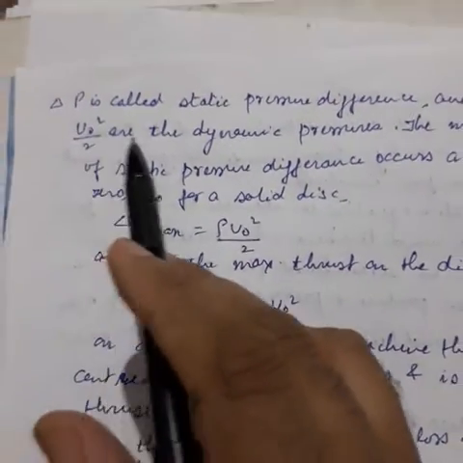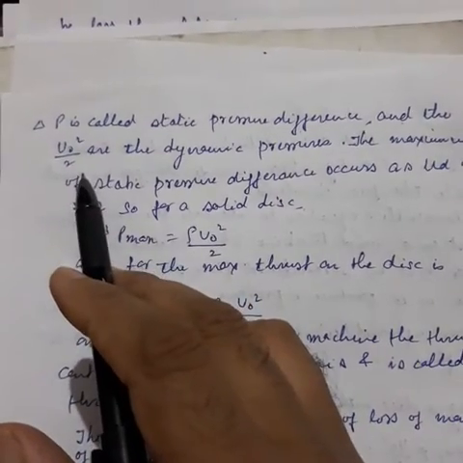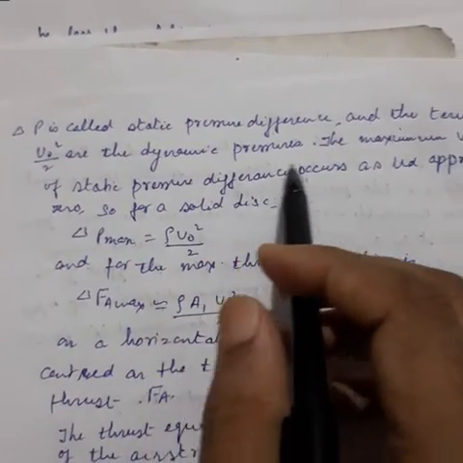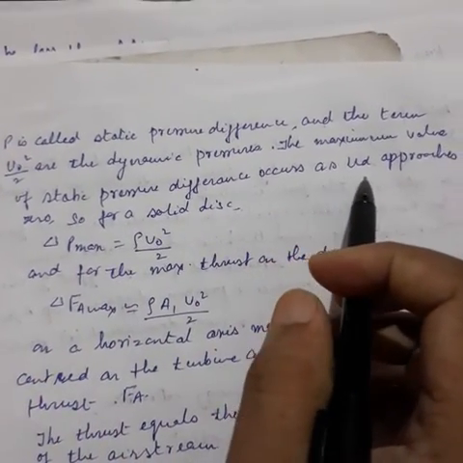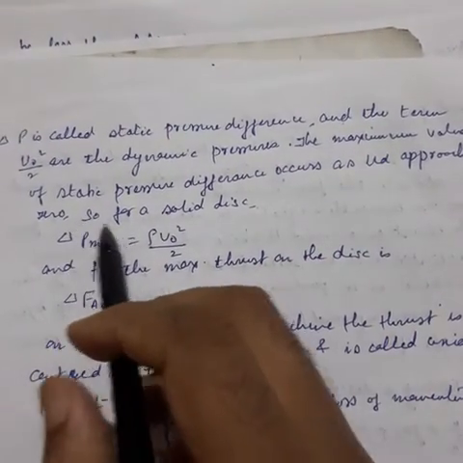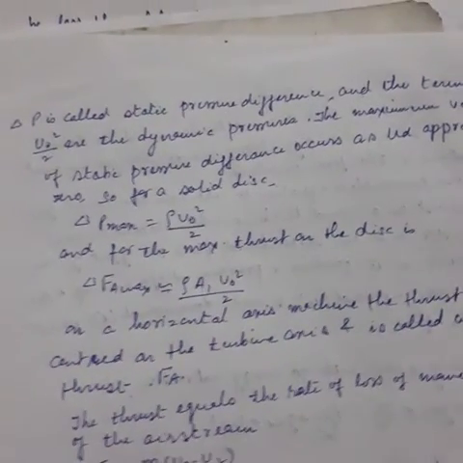where del P is called the static pressure difference and the term rho U naught square by 2 is the dynamic pressure. The maximum value of the static pressure difference occurs as UD approaches 0. So for a solid disk, del P max is equal to rho U naught square by 2.